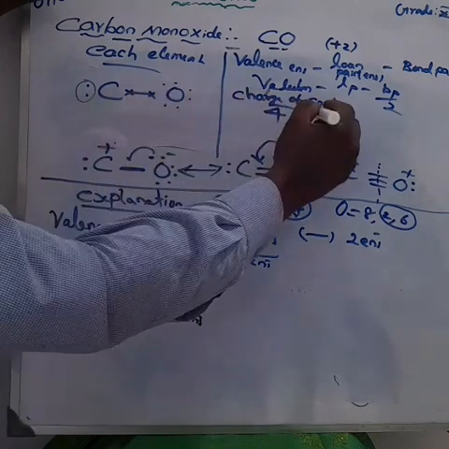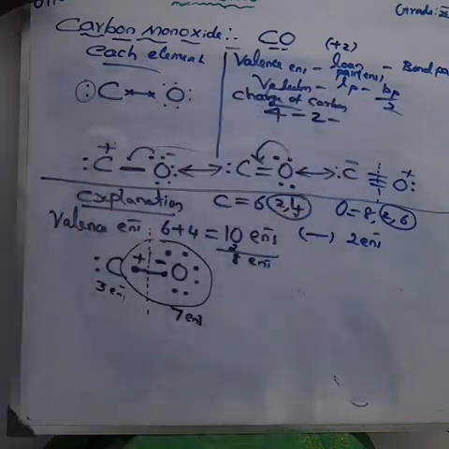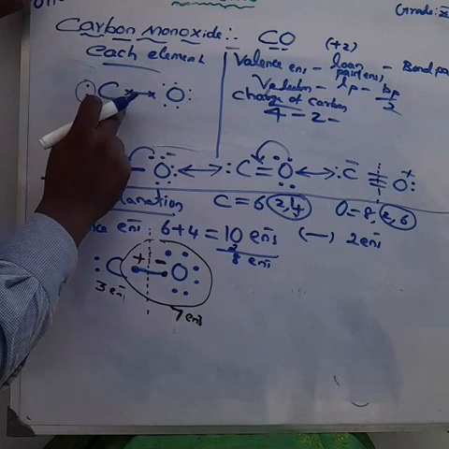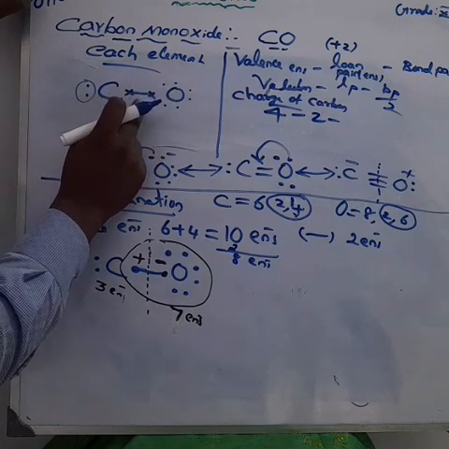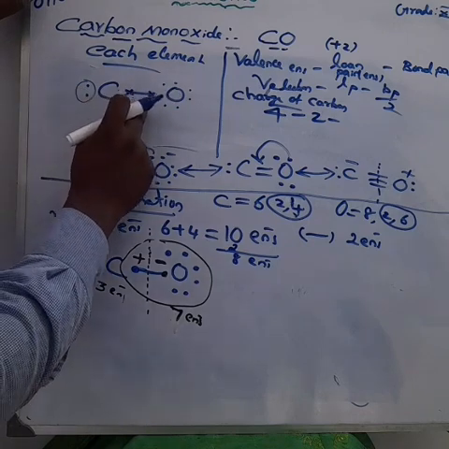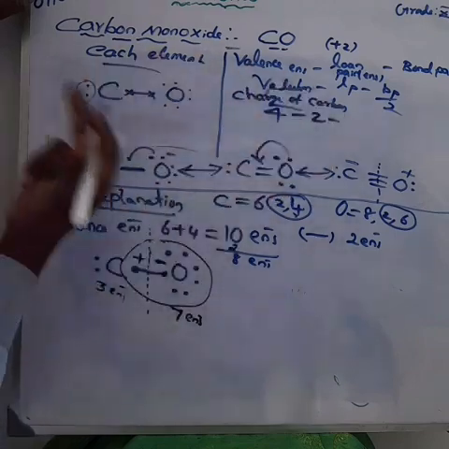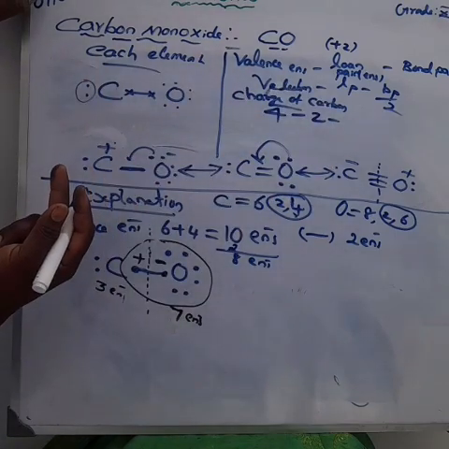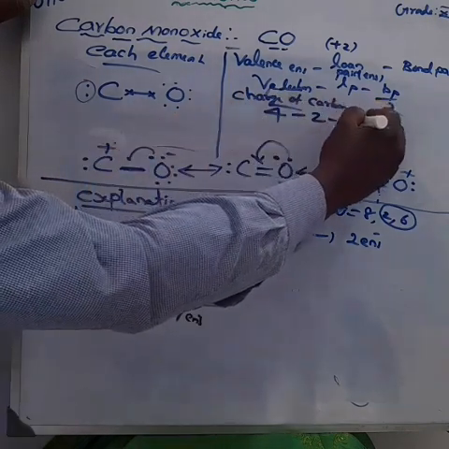2 minus. Next, bond pair. Carbon and oxygen have one bond pair. One bond means we need 2 electrons, divided by 2 as per the formula.